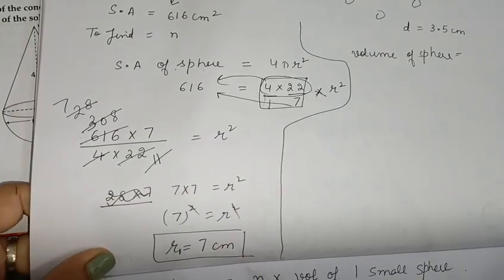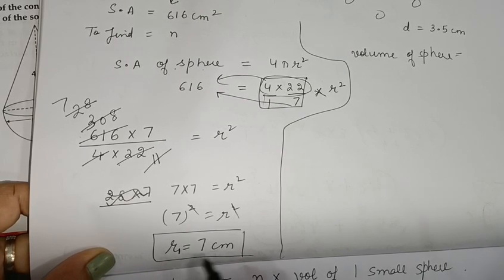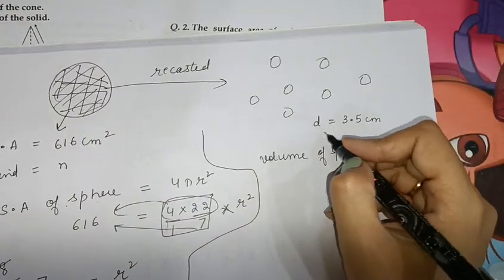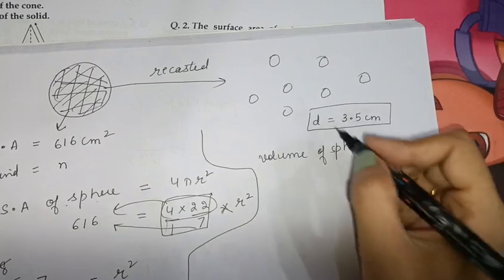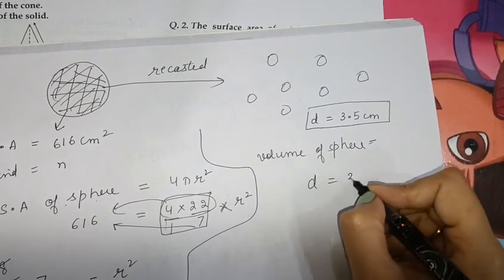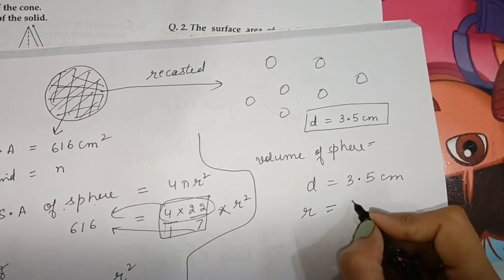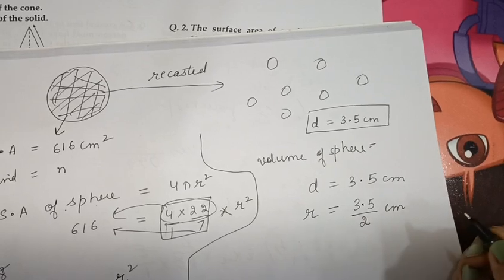Now r1 is the radius of the bigger sphere, not cube, this is a sphere. So just now we have found that it is 7. And r2 was not given to us directly, it was given in the form of diameter. So if diameter is 3.5 centimeter, what will be the radius? Radius is diameter by 2, so that is 3.5 by 2 centimeter.